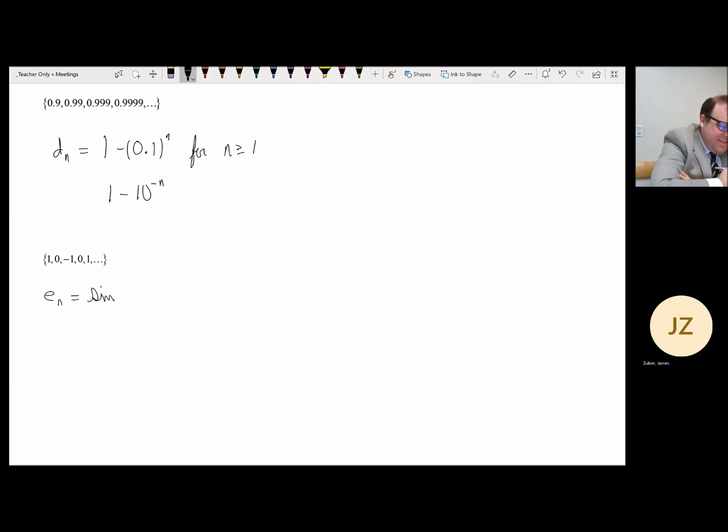Sine of what? Just n? Sine of 1. That's not 1. Sine of n pi over 2.